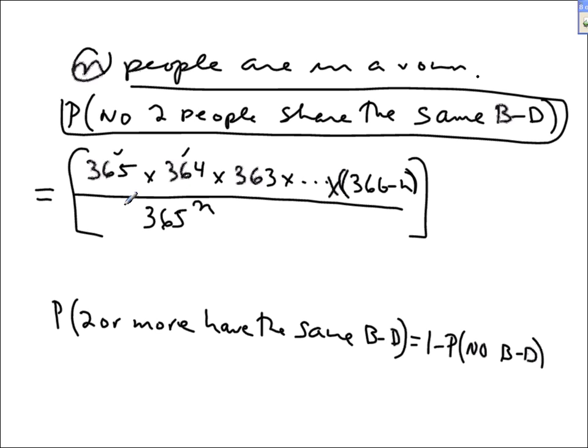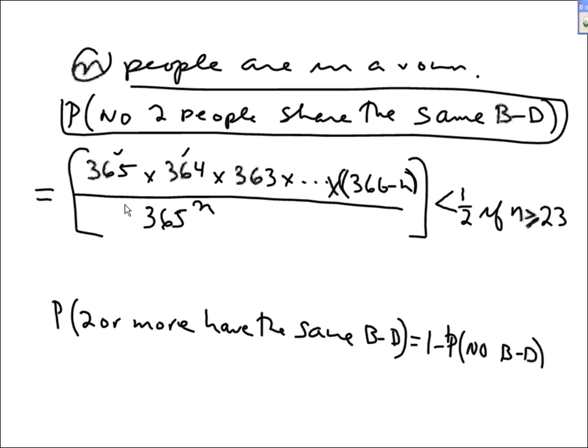All right. Now, it turns out that the probability that no two people have the same birthday is less than a half whenever n is bigger than or equal to 23. If you have 23 or more people, then the probability that no two people have the same birthdays is less than a half.